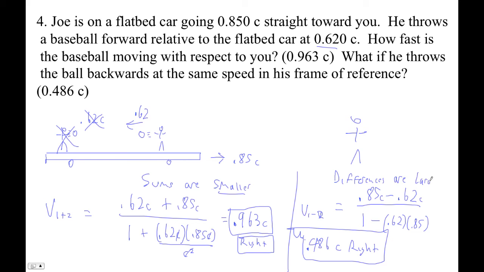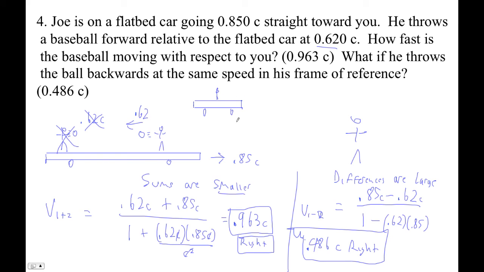Now the reason for this is that as you throw that thing backwards, remember, I'm not drawing this picture right, this frame of reference would be all shrunken down at 0.85 C. These people would all be shrunk, and the wheels wouldn't even be circular, and the person would be all thin like that.